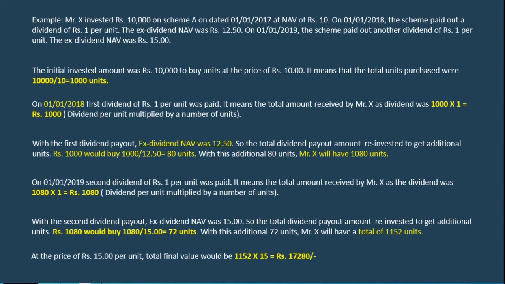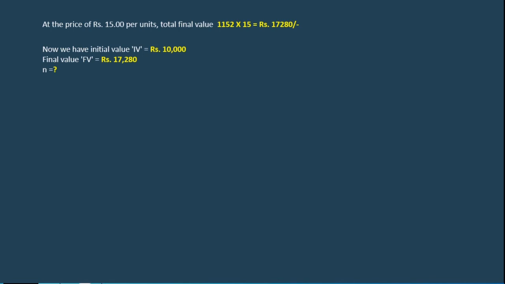We already know the initial value, which is rupees 10,000, invested by Mr. X at the beginning. The final value after all the dividend payouts is 17,280. The CAGR formula is based on final value, initial value and number of years.